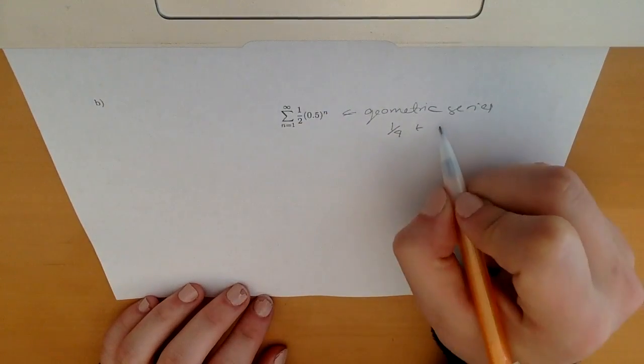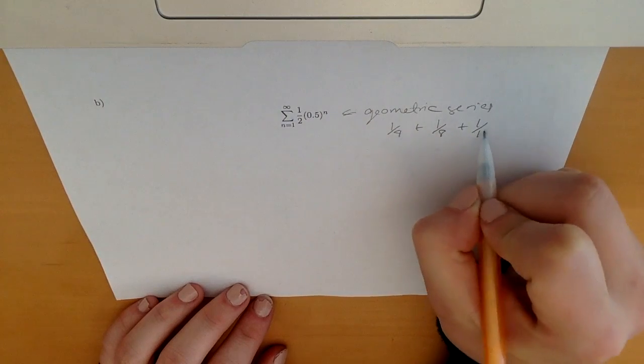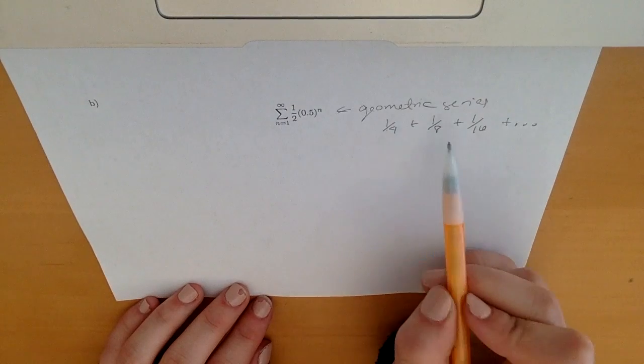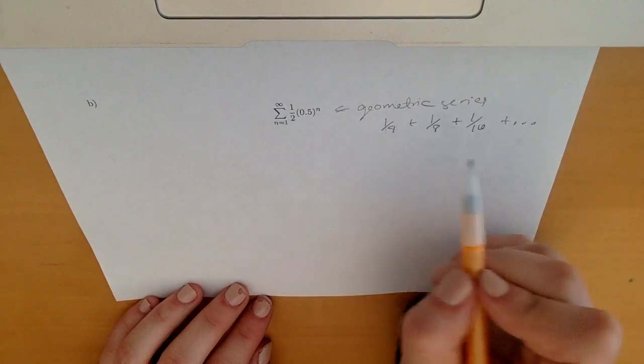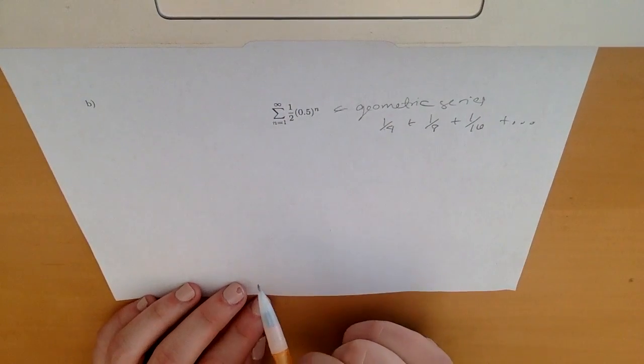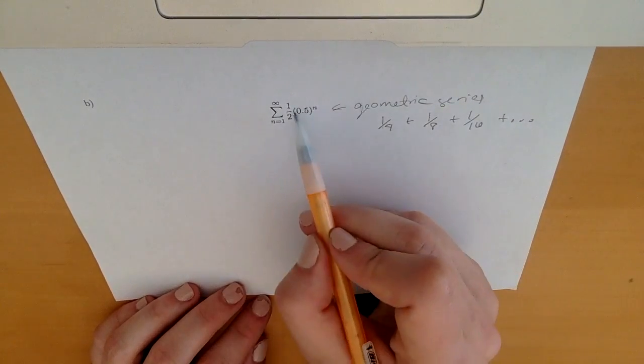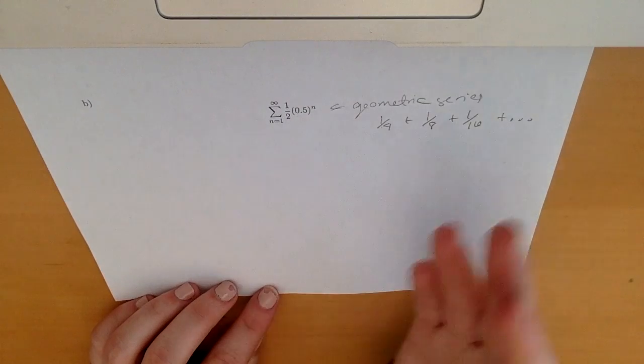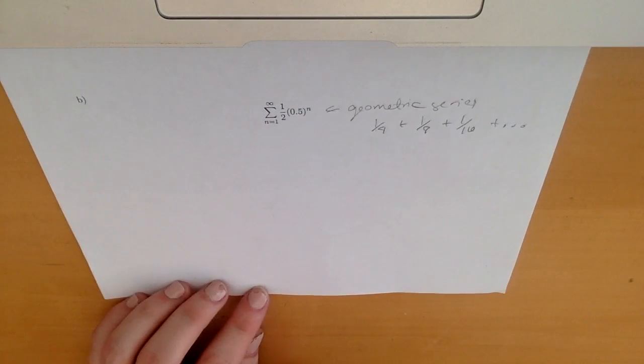When n equals 2, this is going to be 1/8, 1/16, and so on. Now notice, in getting between these two terms, we multiply by 1/2. In getting between these two terms, we multiply by 1/2. Every time we go from one term to the next, we multiply by 1/2. So then we know it's a geometric series. We have this constant ratio between terms.